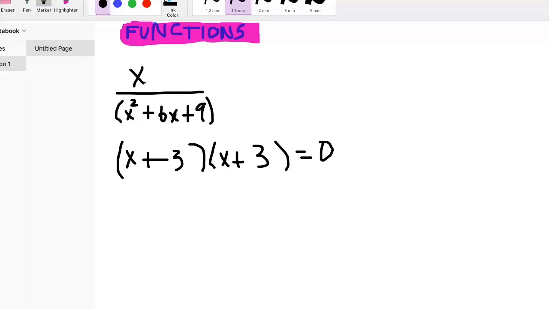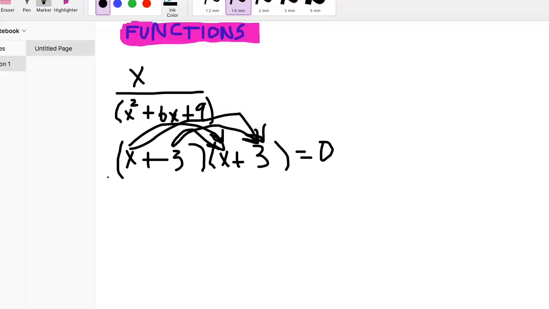If you want to test the work out, what you're doing is multiplying those two together, and those two, then these two, and these two. So x times x is x squared, plus 3x plus 3x plus 9, and the 3x plus 3x is 6x, so it works out.